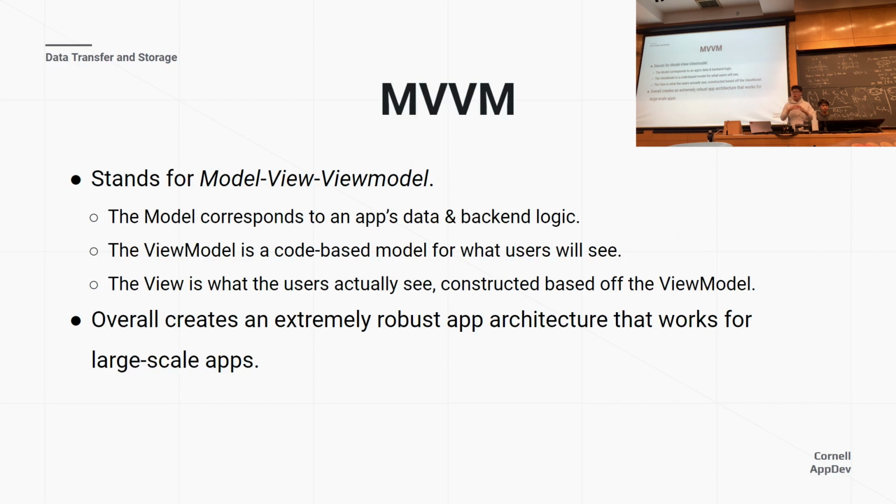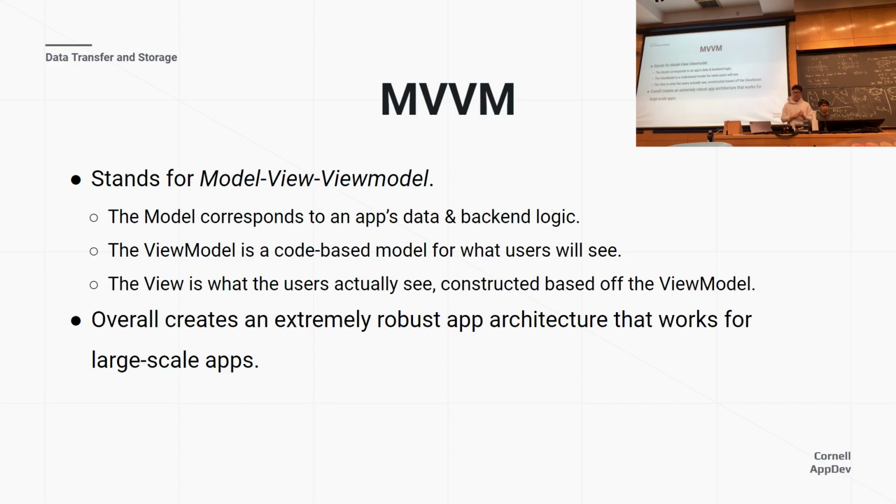So overall, what this does is create an extremely robust app architecture that works on very large-scale apps. And we'll see this with what we have built out and what many industry standards have used to build out their apps. And one of the key reasons why this works is because it decouples many of the components and what actually happens within our front-end apps, right?